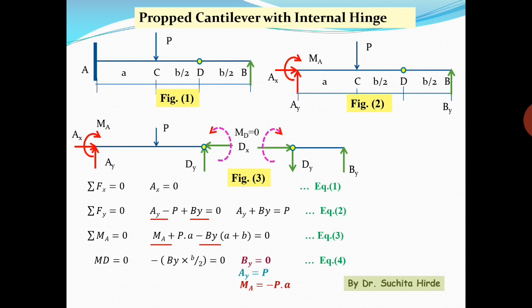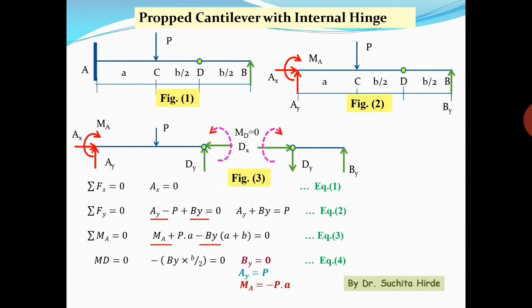So the first case which we have considered, the cantilever beam, was a determinate structure because unknown reactions were 3 and equilibrium conditions were 3. In the second case, when we added a prop, the number of reactions was 4 and equations were 3, and therefore that structure was indeterminate.